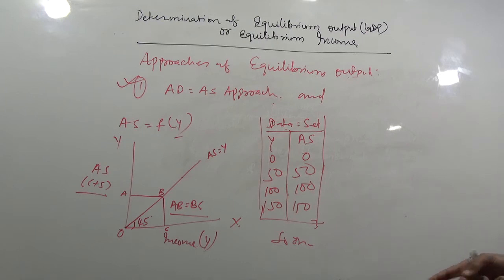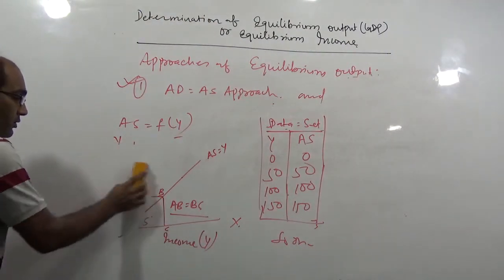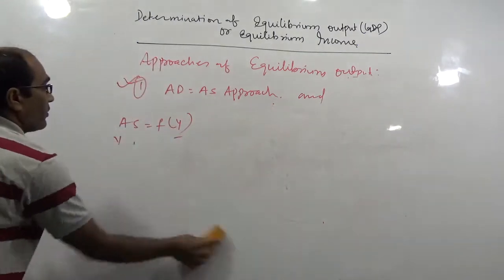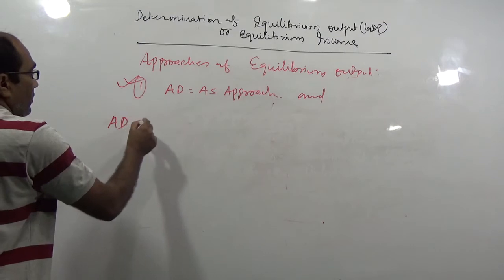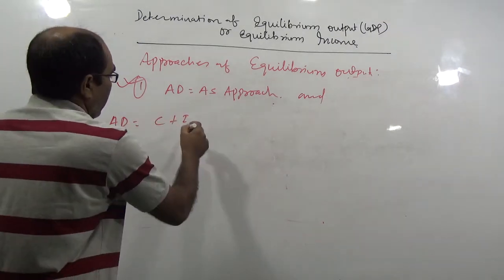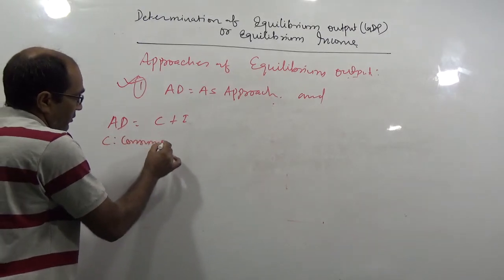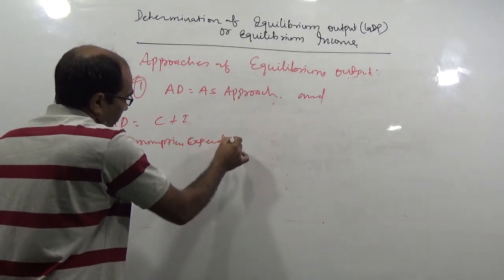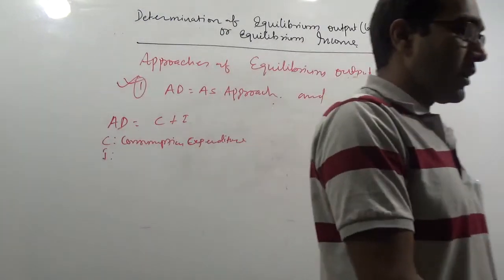So after AS, see the concept of AD. Here AD equals C plus I, where C is for consumption expenditure, and I, dear student, I is for investment.